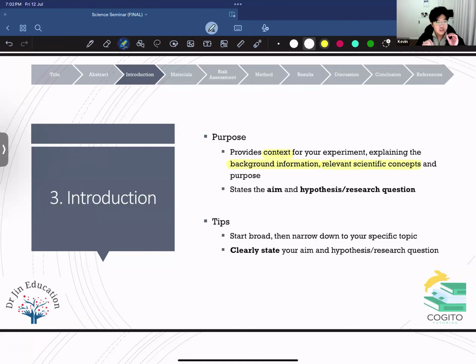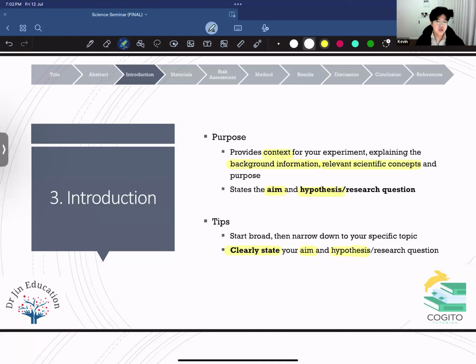Now, two important things in the introduction are the aim and the hypothesis, or otherwise the research question. In terms of the tips, start broad and then narrow it down to your specific topic. We need to clearly state the aim and hypothesis.